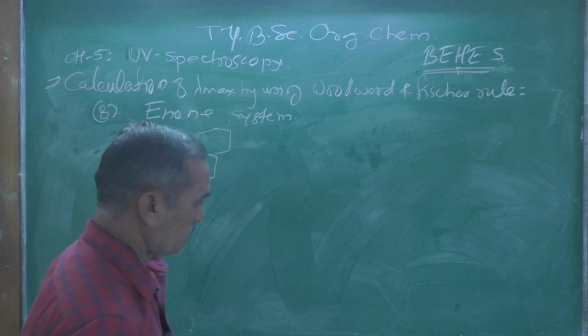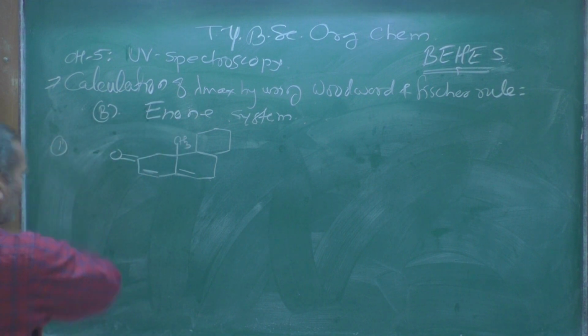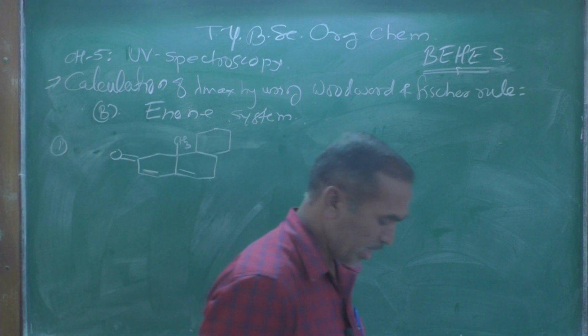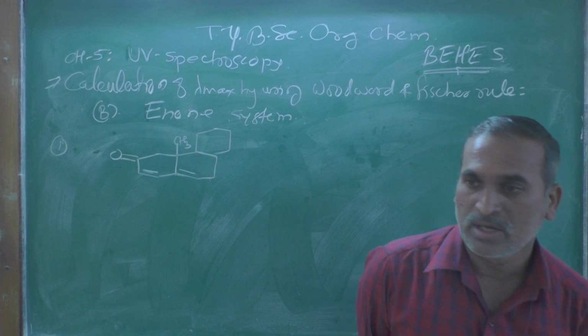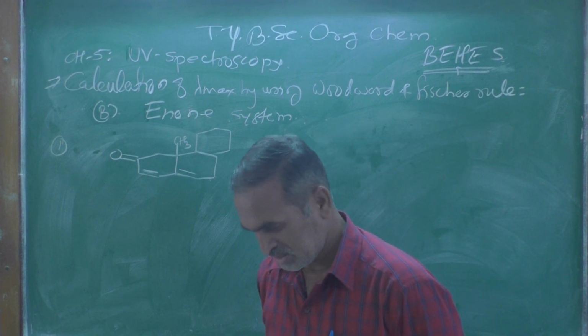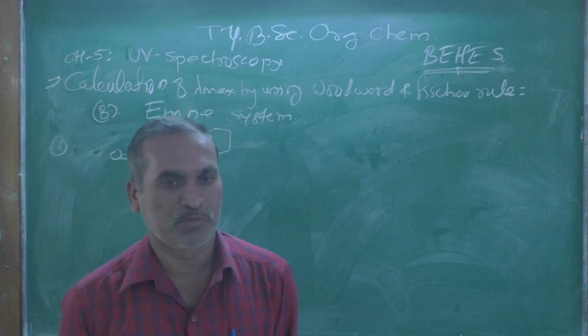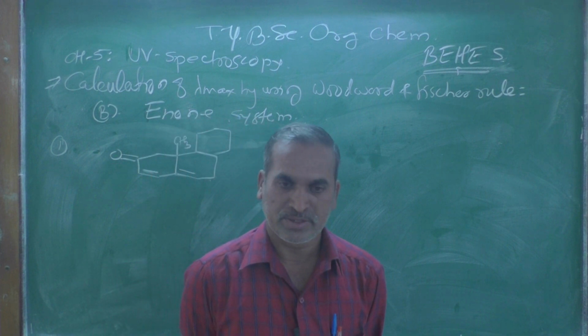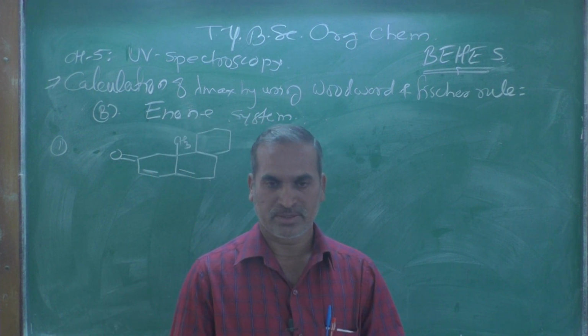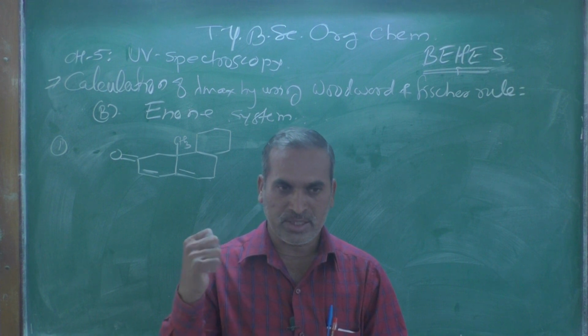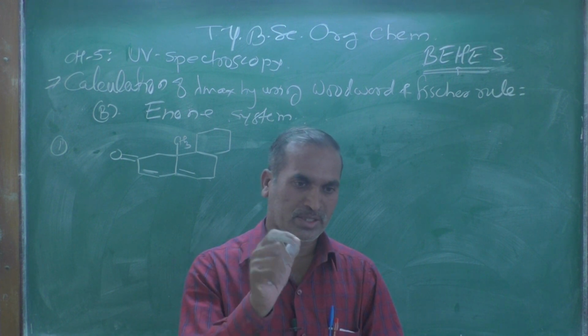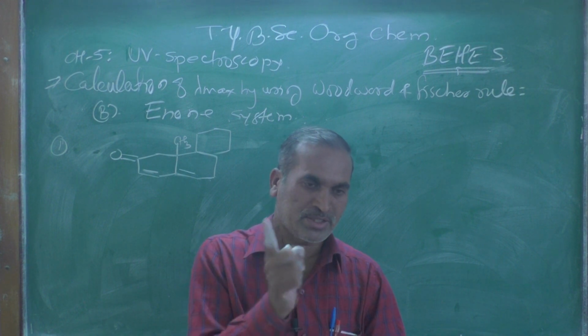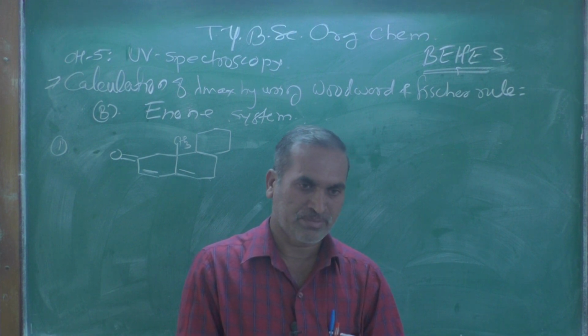This is the simplest example, the first example. What is our first job to do? First, recognize whether this molecule contains a diene system or an enone system.